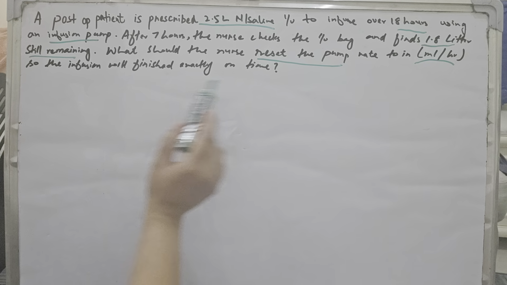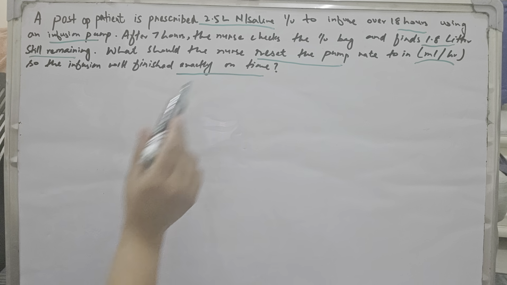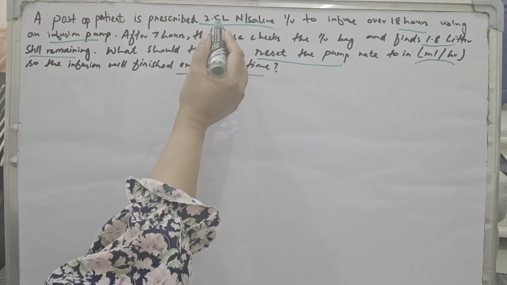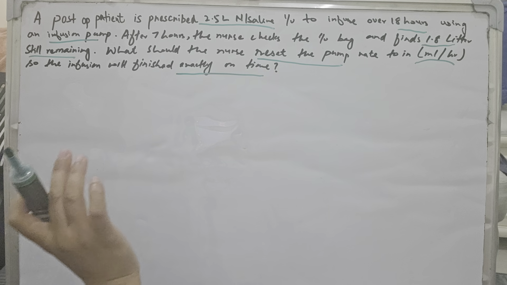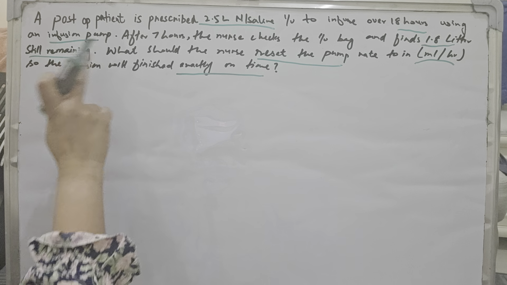So we need ml per hour, so the infusion will finish exactly on time. The patient is post-operative. The doctor prescribed 2.5 liters, meaning 2500 milliliters, of normal saline to infuse over 18 hours. The nurse is using an infusion pump.